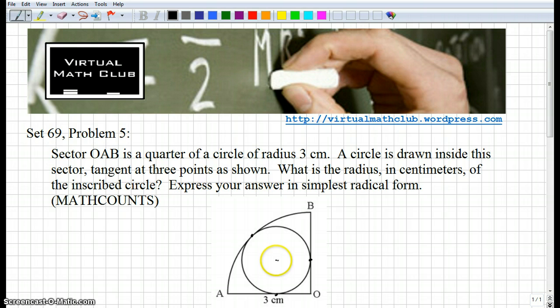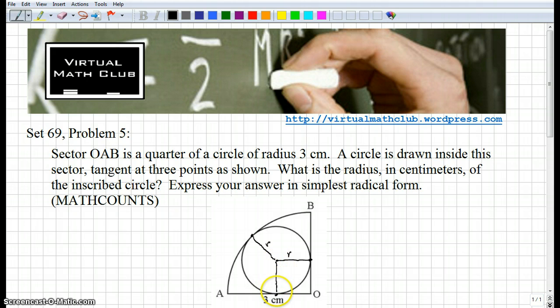All right, well, let's draw in this radius that we're trying to find. It's often a good idea to draw in the radius to the tangent points, so that's something to remember if you're working on these types of problems. So this is going to be length r, this is going to be length r. I'm just going to call it r, because that's what we're trying to find, but I don't know what it is.